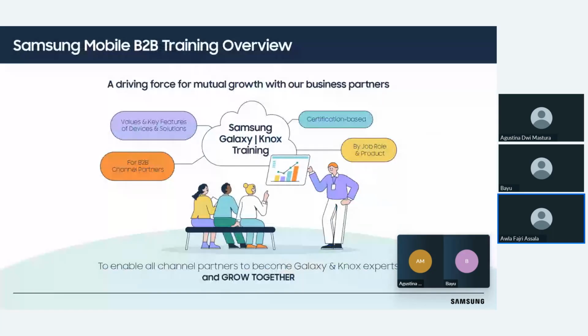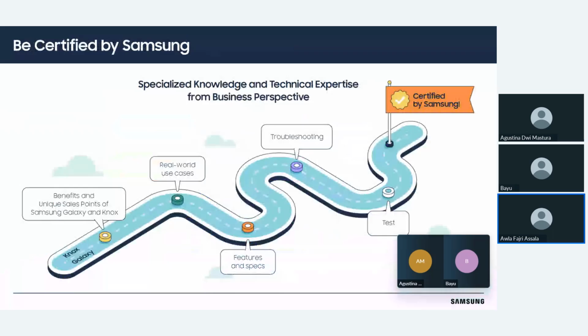First of all, with our Knox training program, we would like to give you partners ideas and knowledge about our values and the key features of devices and solutions. We would like to make it specifically for all of you B2B channel partners. This will have the certification, divided by job role and product.